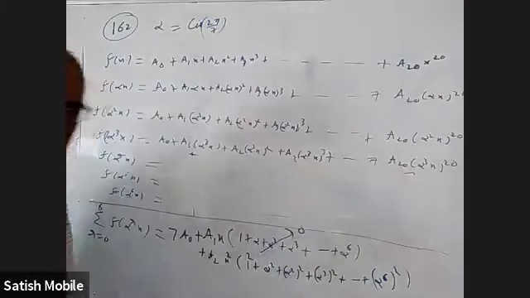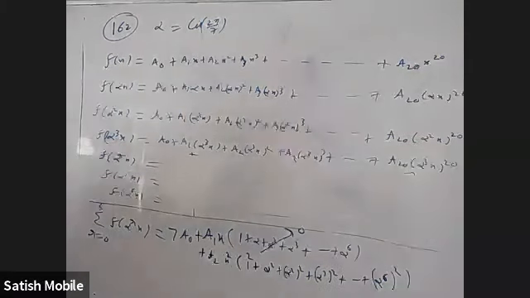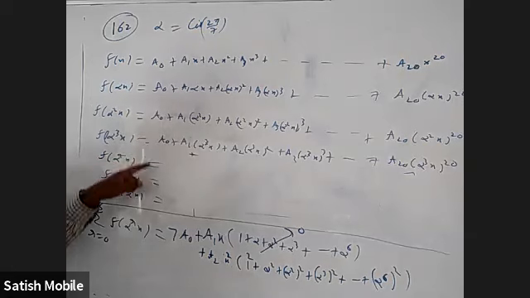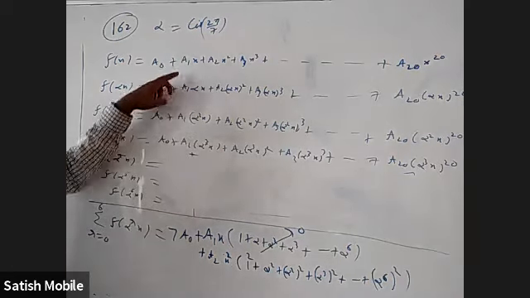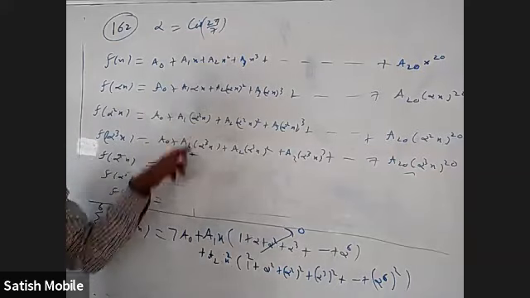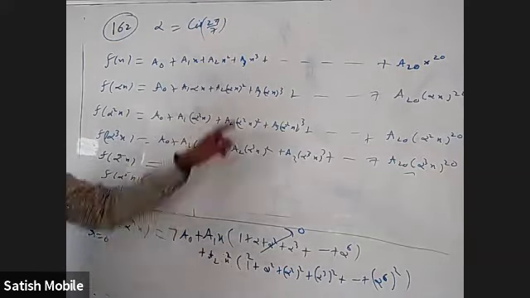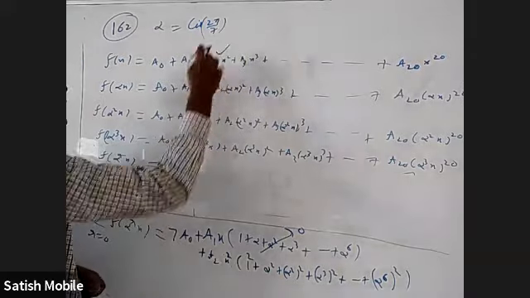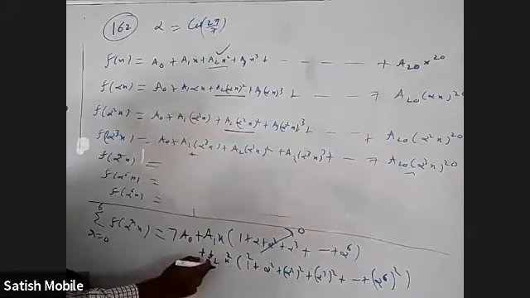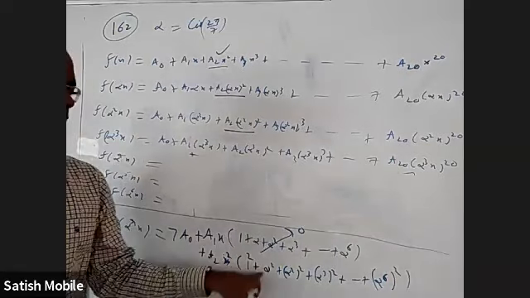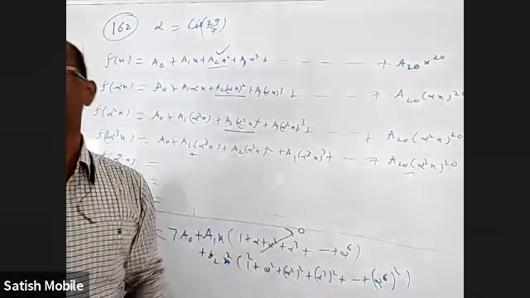Okay, now coming back to this, please see carefully. When I add a naught plus a naught plus a naught, it's 7a naught. When you take a1x common, I'll get 1 plus alpha plus alpha square and so on, that is sum of the 7th roots of unity, which is 0. Here, when you take a2x square common, what you get is sum of the squares of 7th roots of unity, that is also 0.